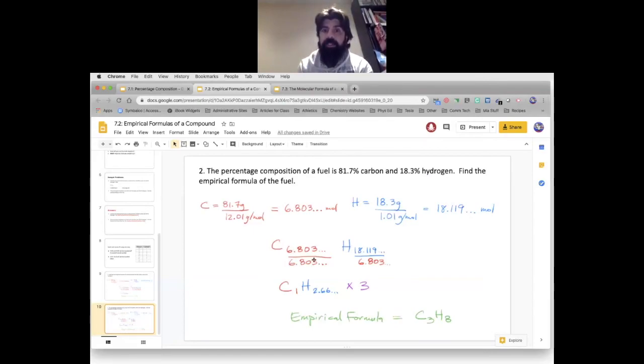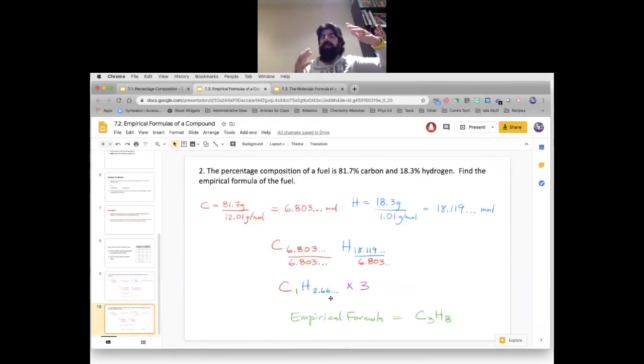And that is to divide by the lowest of the two sets of moles. The lowest number is the one for carbon, and that evens out our carbon, so carbon will have our 1. However, when we divide the hydrogen by the lowest number, we get 2.66.